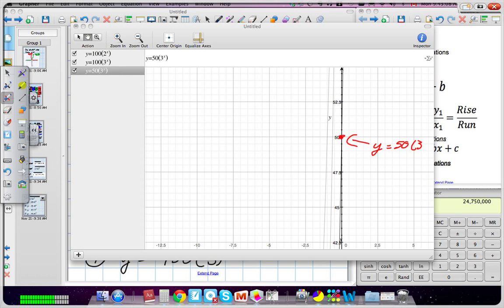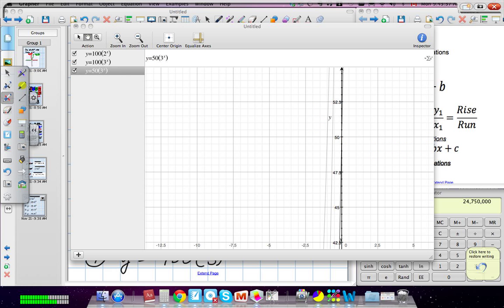Our new model, y equals 50 times 3 to the power of x, crosses the y-axis at the number 50. So our a variable is affecting where we cross our y-axis. As the a variable changes, that is where we cross. In fact, because our a was 50, our y-intercept is 50. Our other two had intercepts of 100, so they don't cross the y-axis till much farther up the graph.